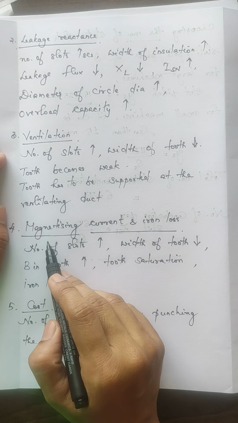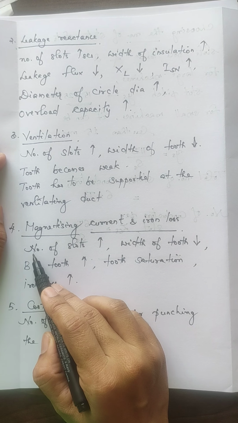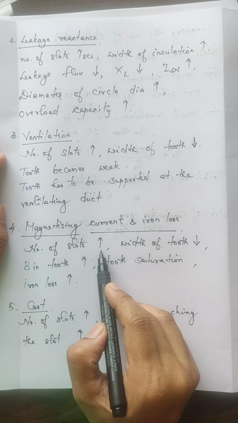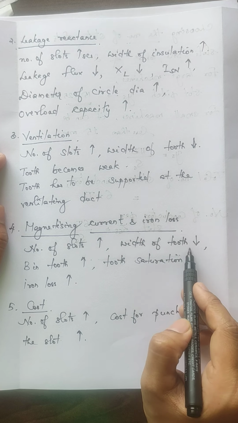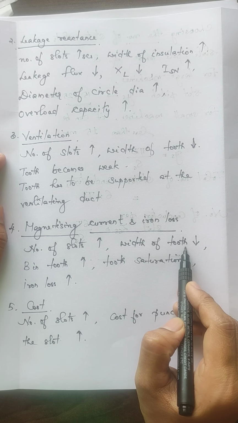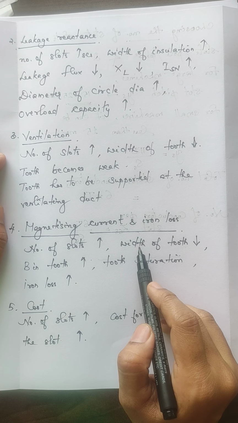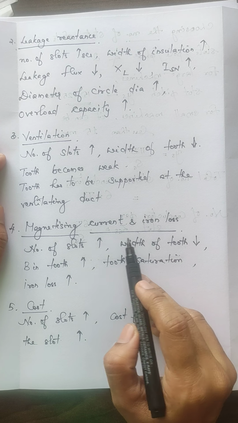The fourth point is the magnetizing current and iron loss. Suppose there are a large number of slots, then the width of the tooth will be less. Width of the tooth is less means the area of the tooth is less and the flux density in the tooth will increase. Flux density is flux divided by area.